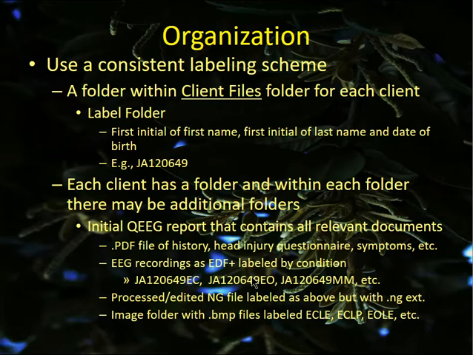You could, in this same main folder of client files, have a master list of the various code words that you use to indicate the condition under which this client's EEG was recorded, possibly a sleep-deprived EEG or some other kind of designator.